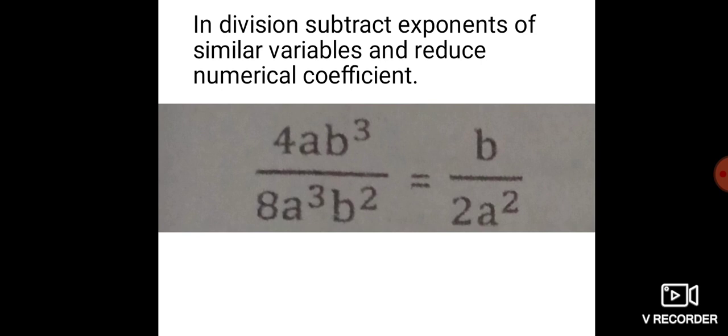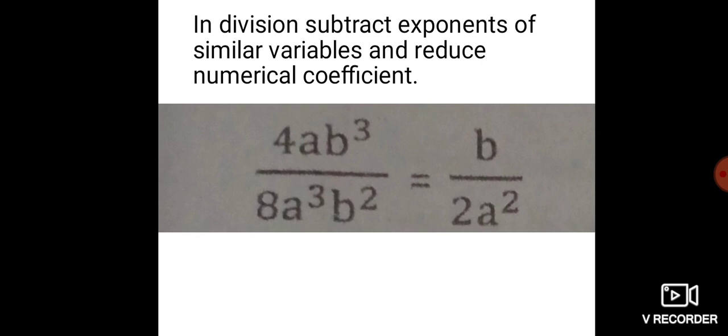So 4 divided by 8 is equal to 1 over 2. Then a divided by a to the power of 3, that's why the result is a squared in the denominator. The a squared is because you may subtract the exponent.